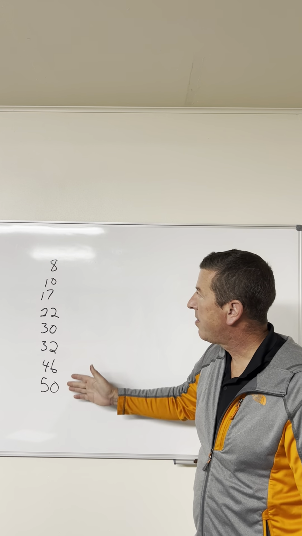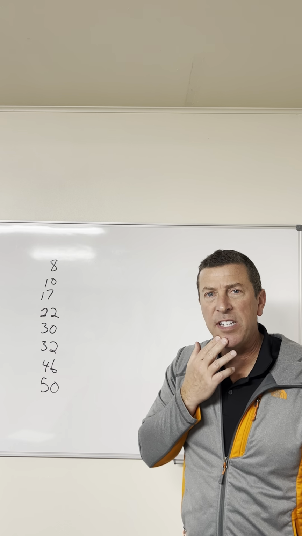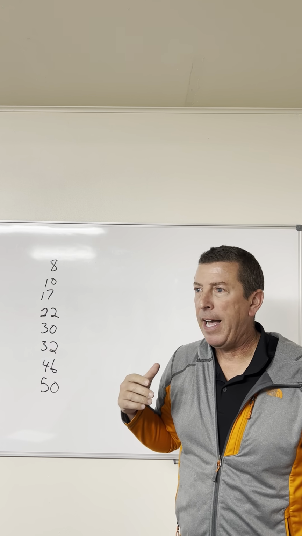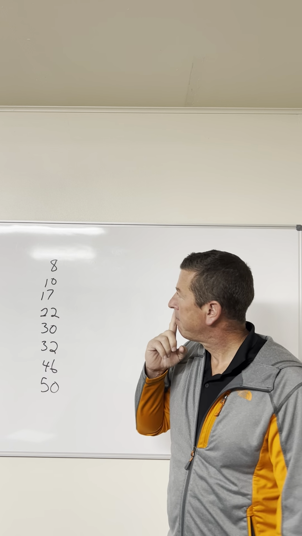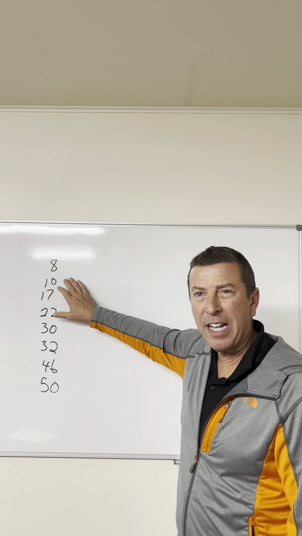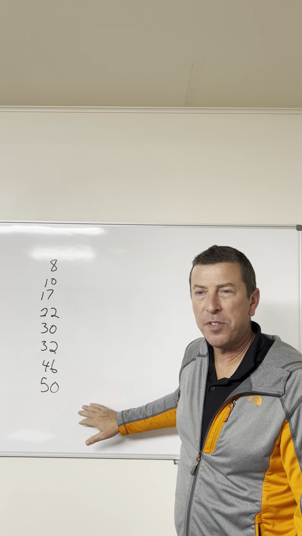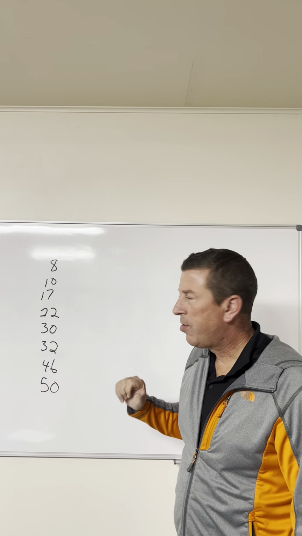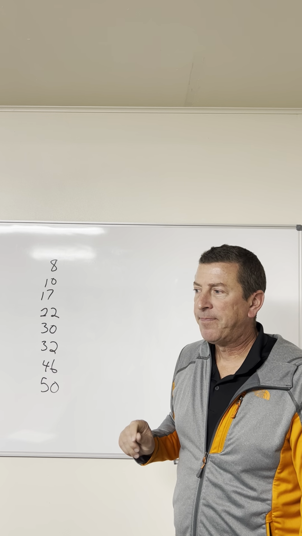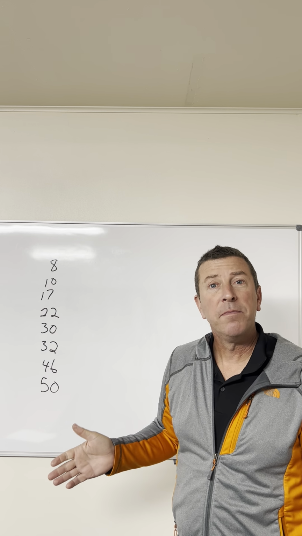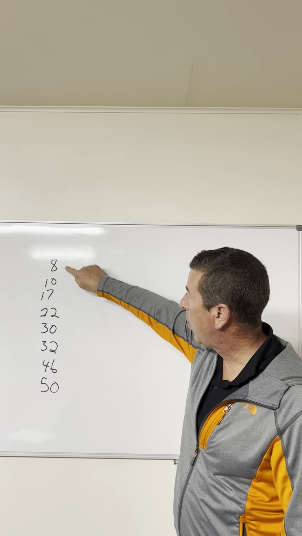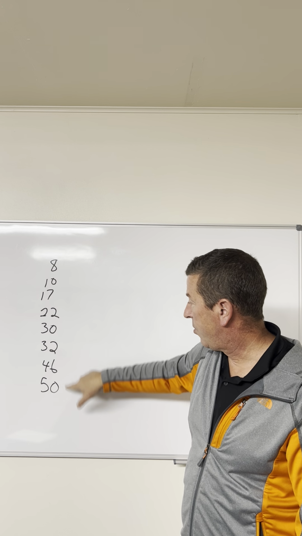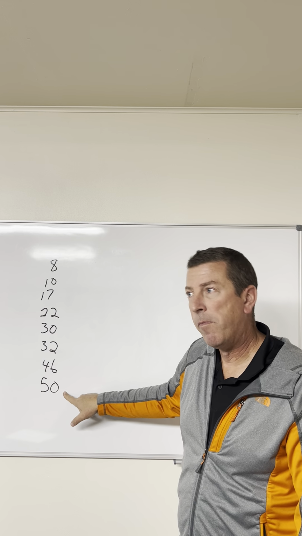Now I'm looking at my list and I'm thinking, okay, how much do I want these students to increase their sight words by the end of the year? Well, the problem is you've got some low numbers and some high numbers. But let's just say that you want all of your students to increase by 20 sight words by the end of the year. So that means you're hoping this student goes from 8 to 28. This student goes from 50 to 70.